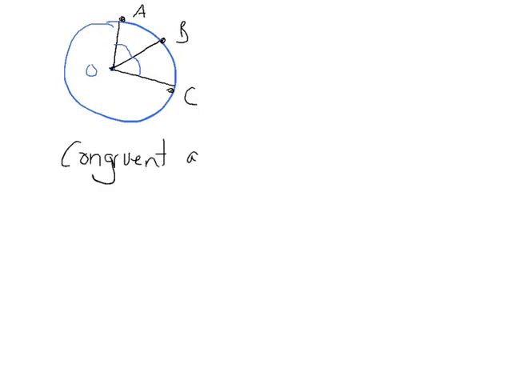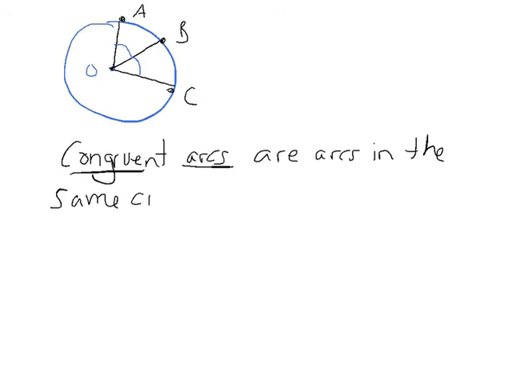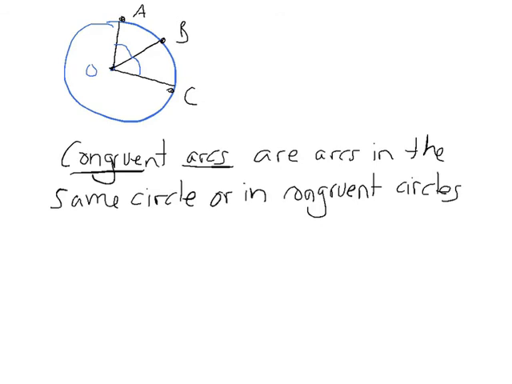Congruent arcs are arcs in the same circle or in congruent circles that have equal measures.